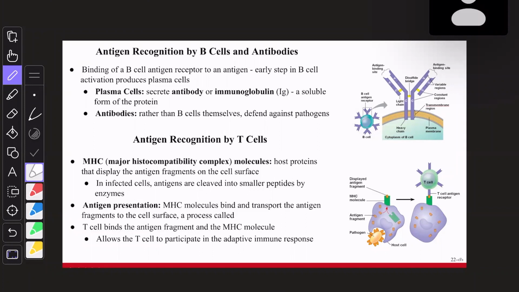That plasma cell is specific in terms of what kind of antibody it will produce. It will secrete an antibody. Another word for antibody is immunoglobulin, and you'll see them abbreviated as Ig very frequently.